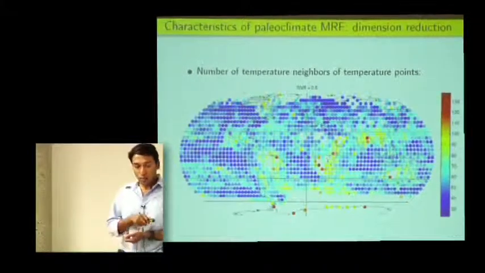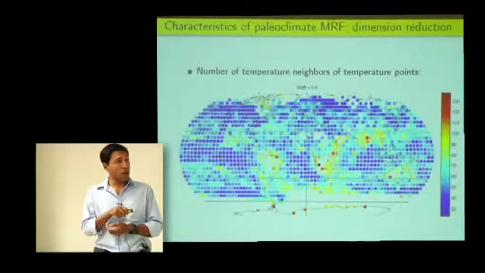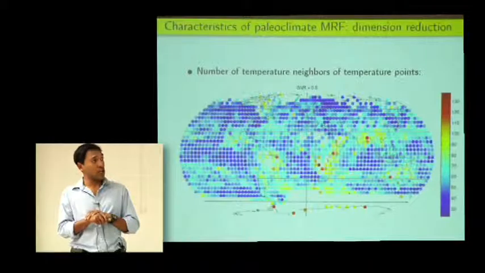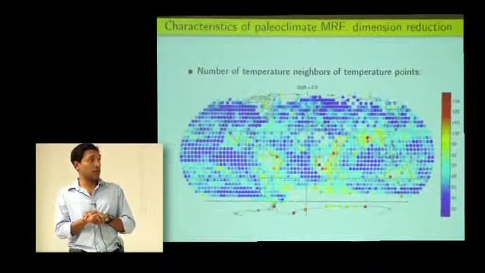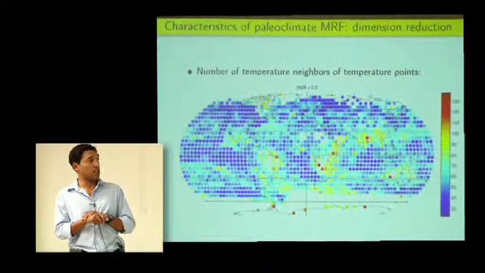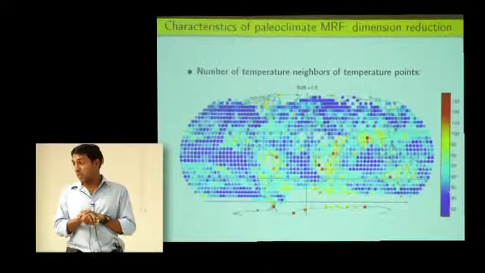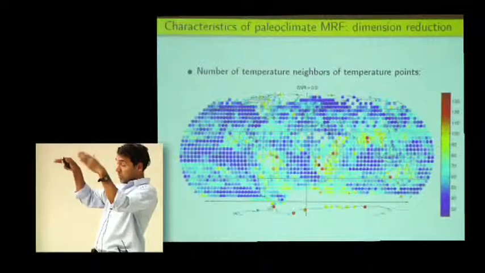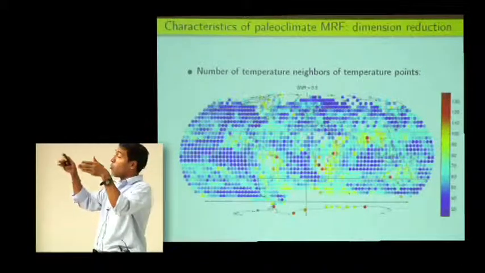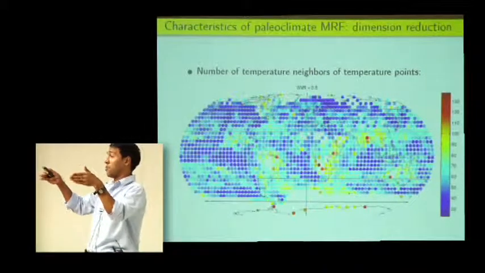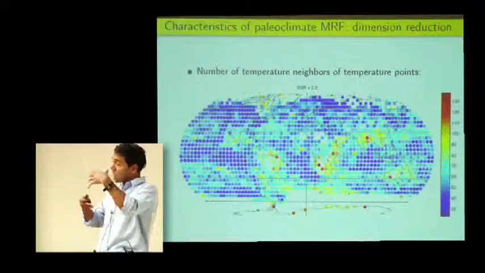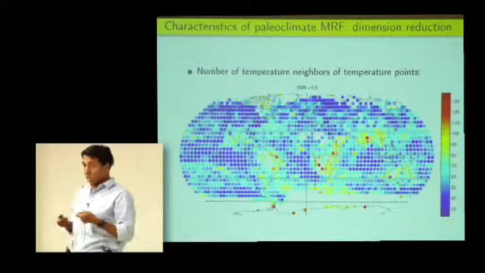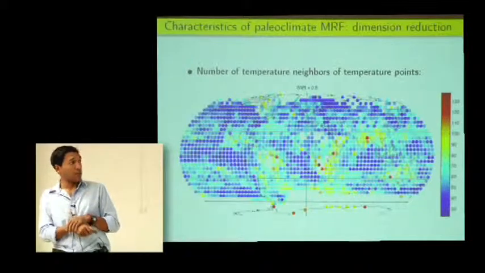Now, this was a field with almost 2,000 points, and this picture tells you how many points each of these points are related to. So, for example, this point is blue. That means there are 50 neighbors. So in a row, you may have a 2,000 by 2,000 matrix, but only 50 of those are non-zero. We've really achieved tremendous parameter reduction, and in a data adaptive way.